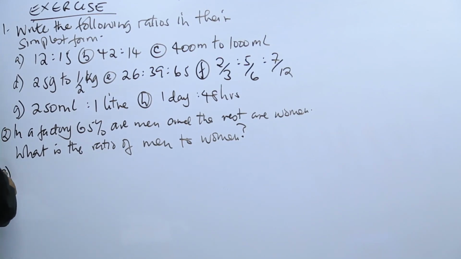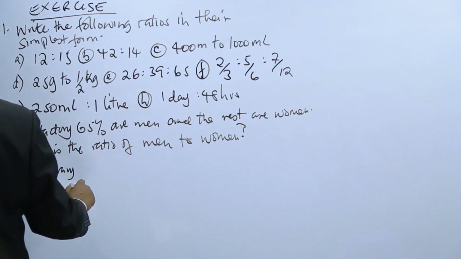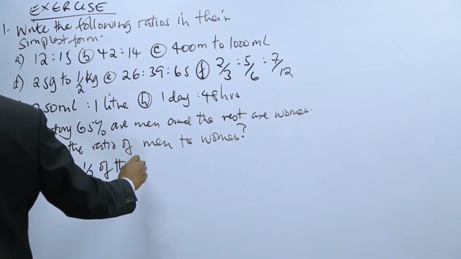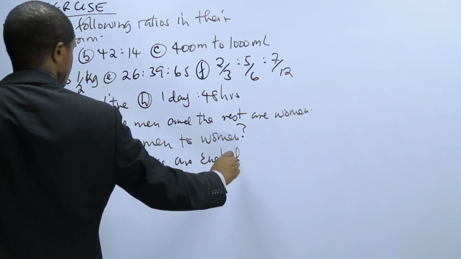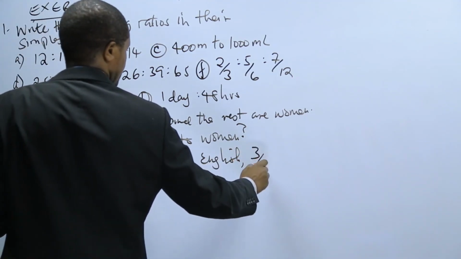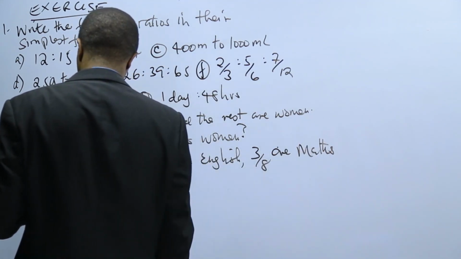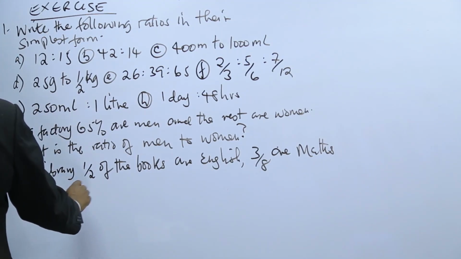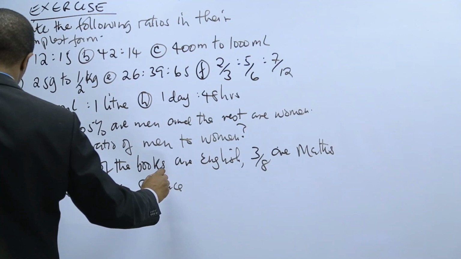Then lastly, just 3 assignments. In a library, a half of the books are English, 3/8 are mathematics, and the rest are of science.